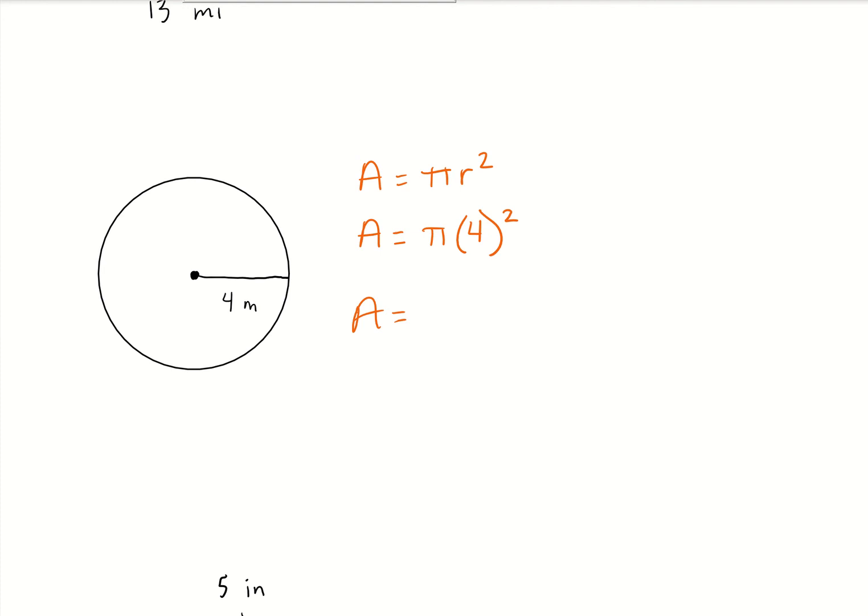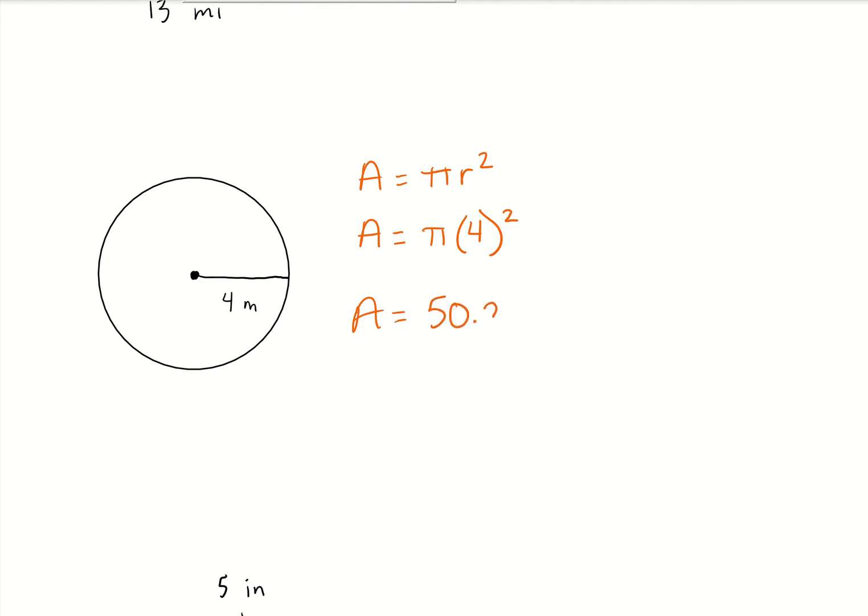So I'm going to type in pi, then 4 and the exponent to the second power. I plug that in and I get 50.26 approximately. Nope, sorry, 50.27 approximately.